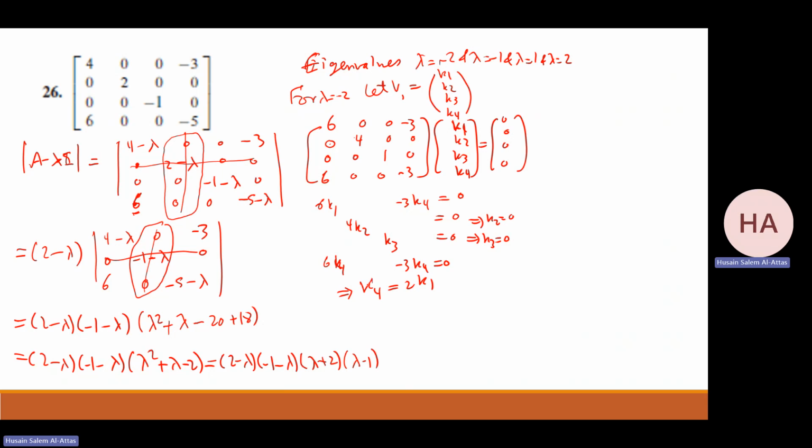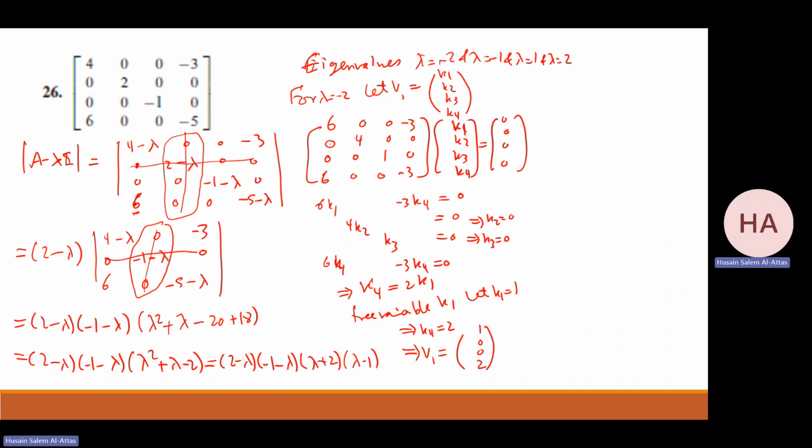So K1 is my free variable. Free variable will be K1. Let K1 equal 1. K4 will be 2. Yeah. So my V1 will be 1, 0, 0, 2.